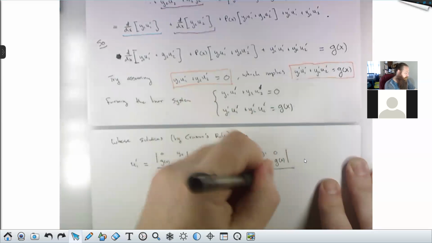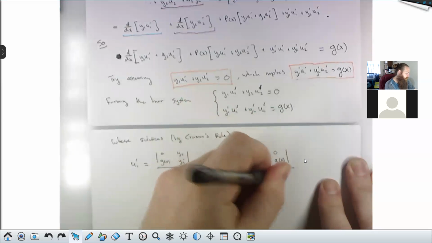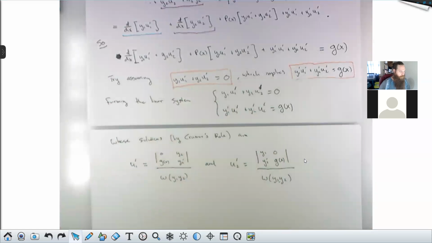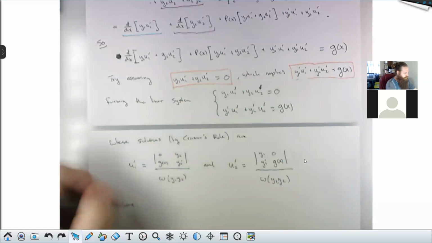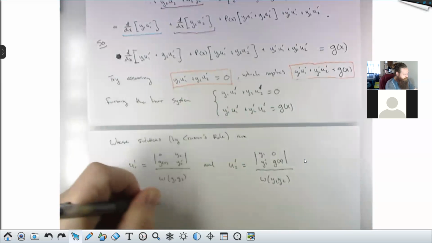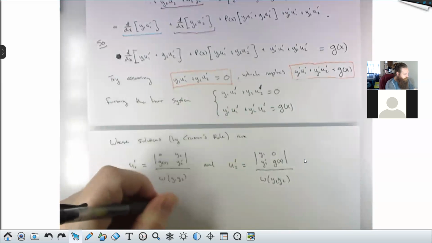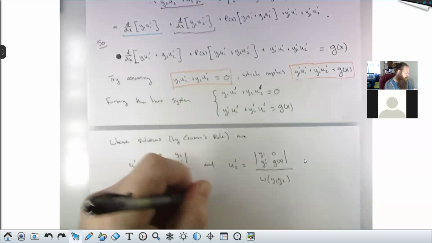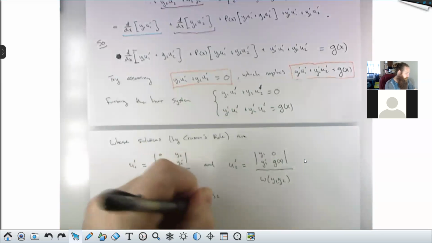And downstairs is that same Wronskian of y1, y2. Okay, this is where W of y1, y2 is the Wronskian. It's the determinant y1, y2, y1 prime, y2 prime.